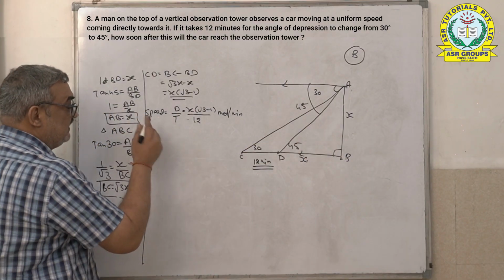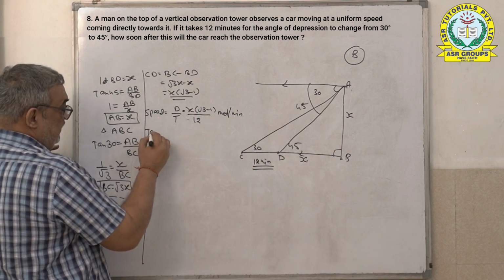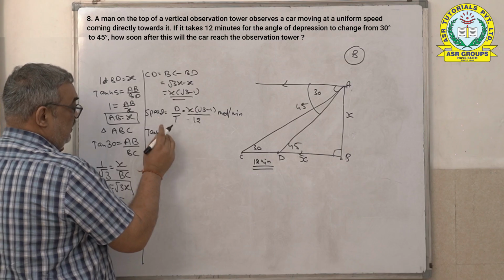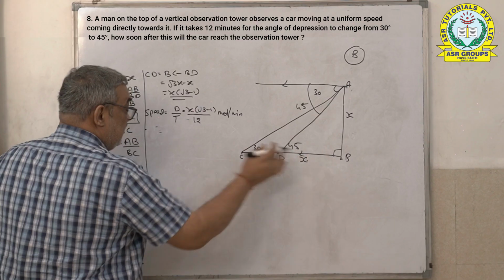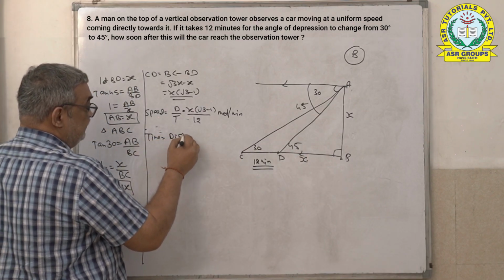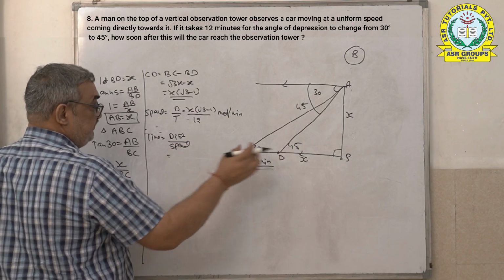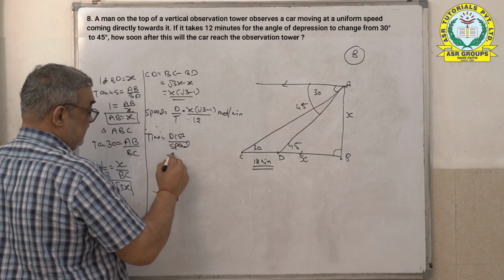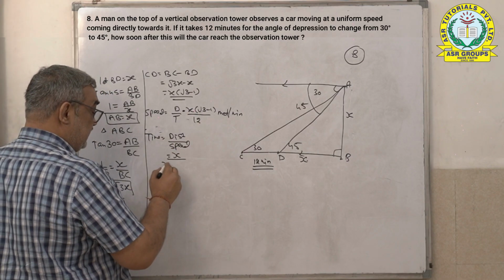So let us calculate the second part. Tan 45. This distance I know already. So time equals distance upon speed. The distance how much? X. Speed I already calculated.